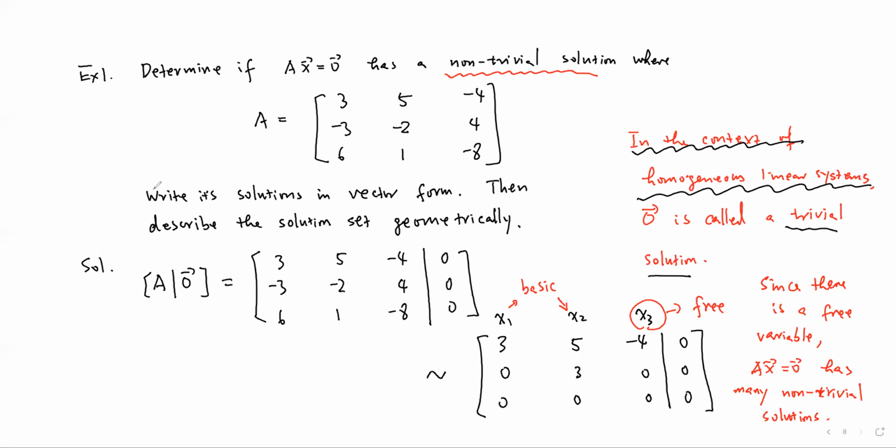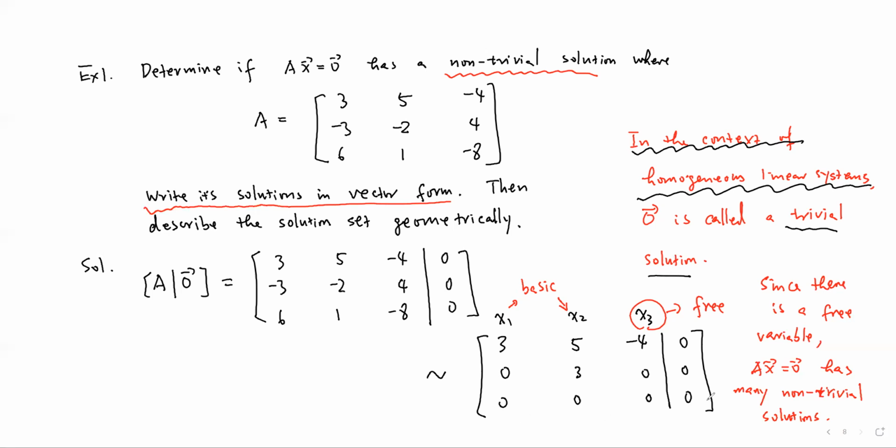Now, second question. Write its solution in vector form. This time, echelon form is not enough. Further reduce the echelon form to reduced echelon form. Echelon form is not simple enough, so continue to introduce zeros. Now let me continue on a new page.